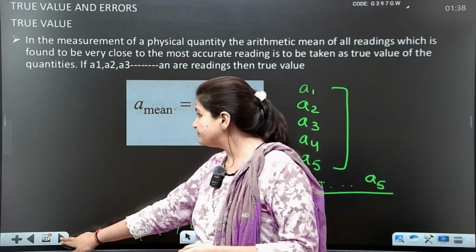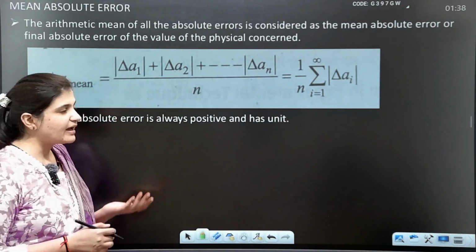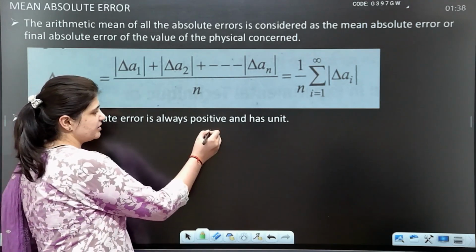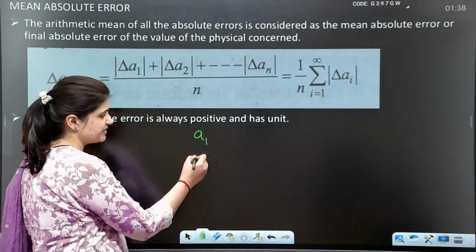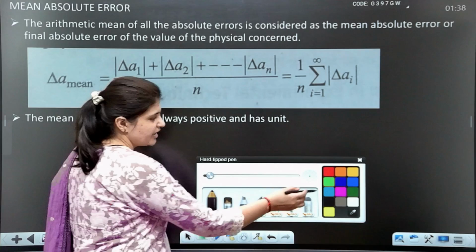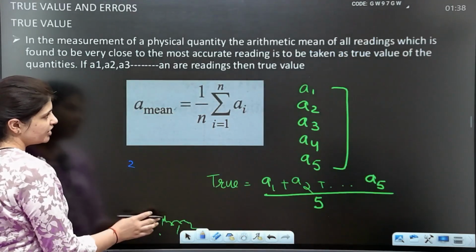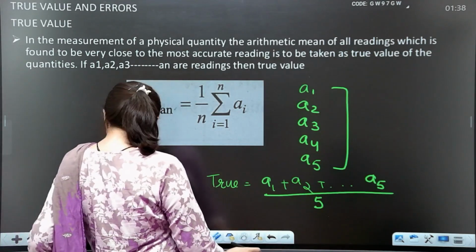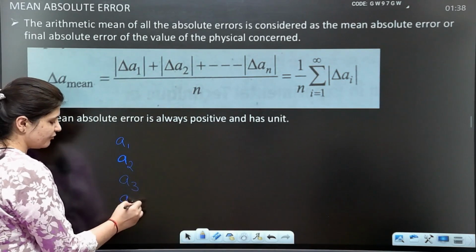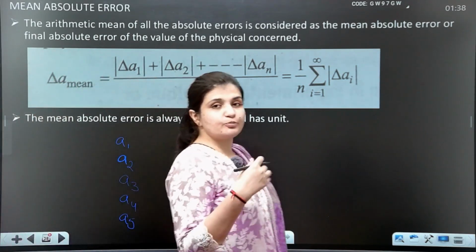Now students, what is the mean absolute error? So this was the true value. The mean absolute error is this: when the experiment has been done and we have taken the values A1, A2, A3, A4, A5 and calculated the average value, this comes out to be AN.